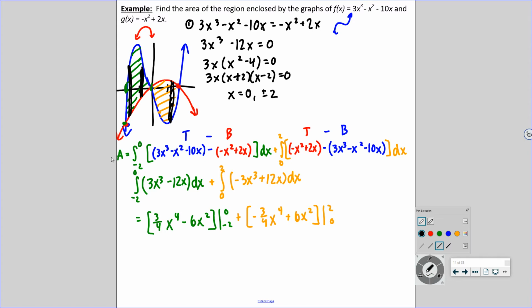Okay. We end up getting a final answer of 24. Which, that big number makes sense. I mean, our graph went all the way down to like -8, and the peaks of the cubic one were pretty high.